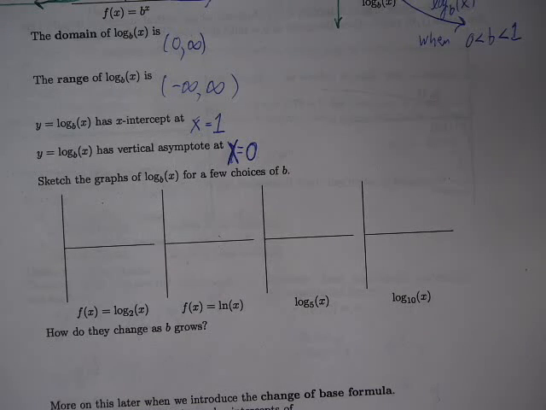So let's plot log base 2 of x, log base e of x, even though that's the same as ln. Wolfram Alpha will be fine to write log base e. Log base 5 of x, and log base 10 of x.